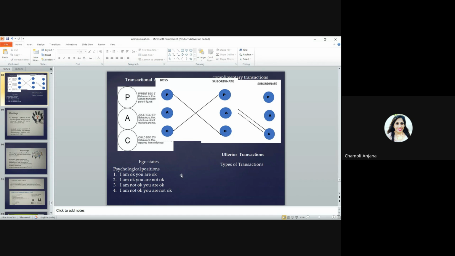The psychological positions, I don't know whether you have it or not, so I'll just give you a gist of it. There are four types of psychological positions. One is I am okay, you are okay. That means we have people who think that everything is good with me and everything is good with others.